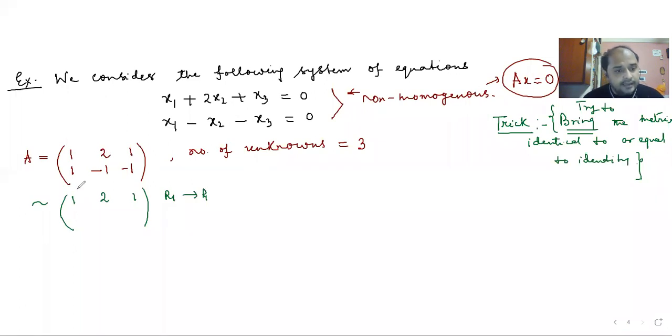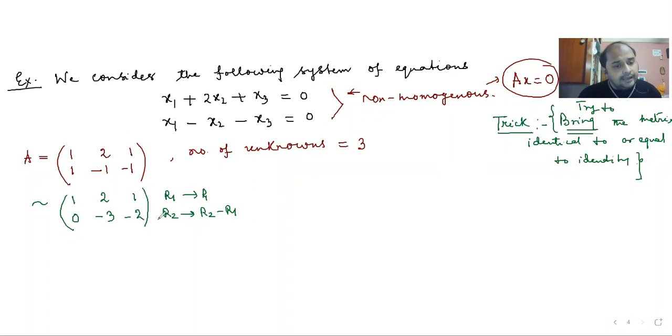And R2 can be changed to R2 minus R1, which is 1 minus 1 = 0, minus 1 minus 2, that is minus 3, and minus 1 minus 1, that is minus 2.